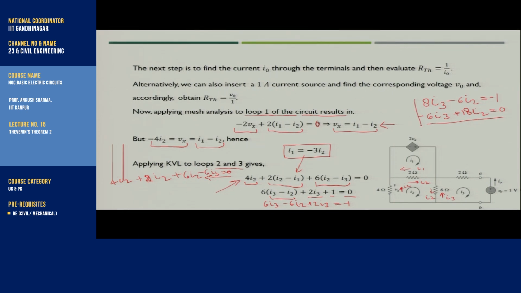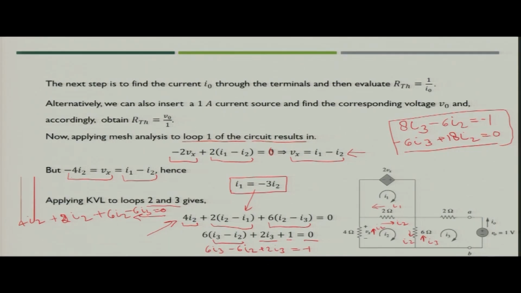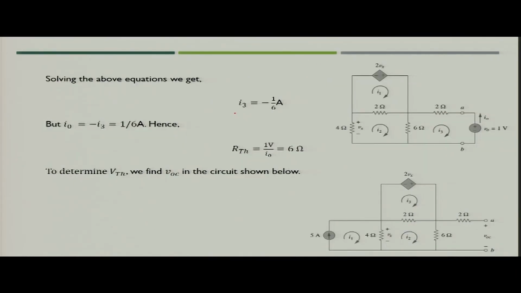Now, you have these two equations. You can simply solve them because you have two equations and two unknowns. When you solve, you will get the value of current I3 as minus 1 by 6 ampere. As we know, I0 is in the opposite direction of I3 in this circuit, so I0 is minus I3, which is 1 by 6 ampere.